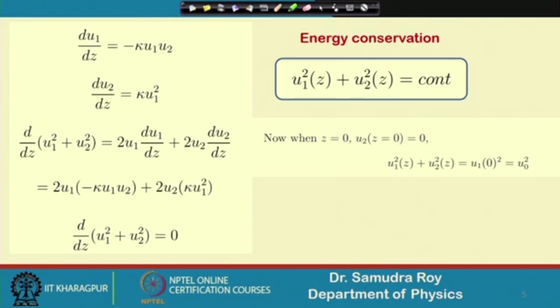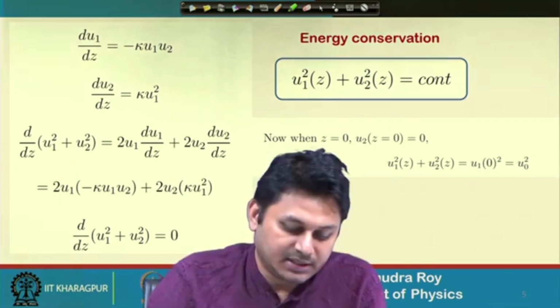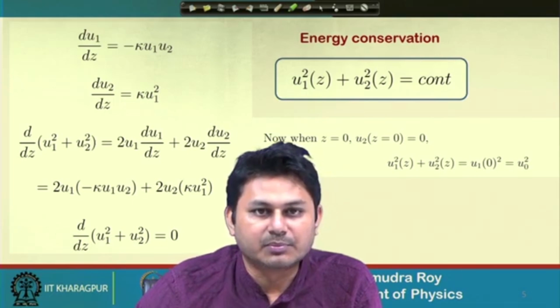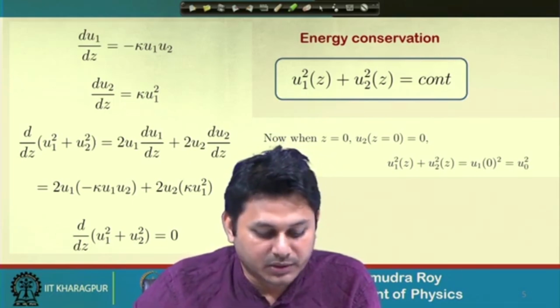Once we replace them, we find 2 u1 times minus kappa u1 u2, plus 2 u2, and du2 dz is replaced by kappa u1 square.